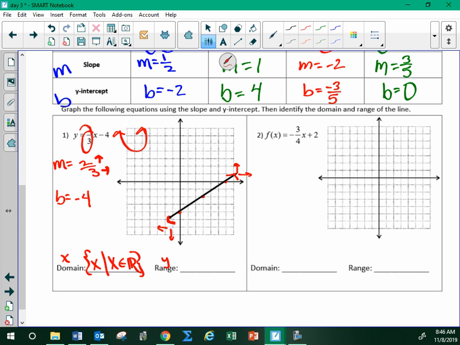So your domain would still be all real numbers, but your range wouldn't. Whereas here, this one is going down, this one is going up, so my range is all real numbers because it's going both ways. Here, neither one's going down, so I can't say all real numbers for range because it's going up. But we would have all real numbers for domain because it's going both ways.